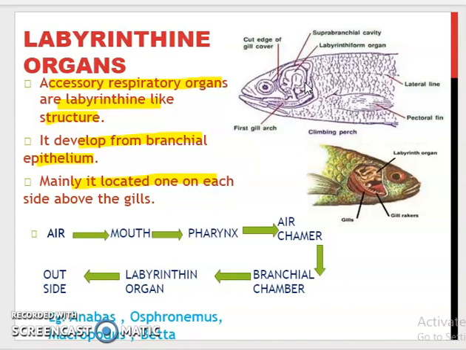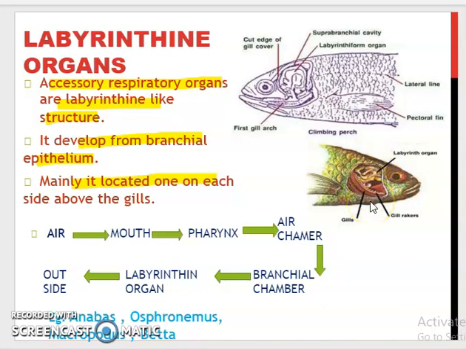It has a habit of migrating from pond to pond, and during this period of progression on land, the fish breathes atmospheric oxygen. There are two air chambers, one on either side of the head. You can see one chamber on one side and the other on the other side.